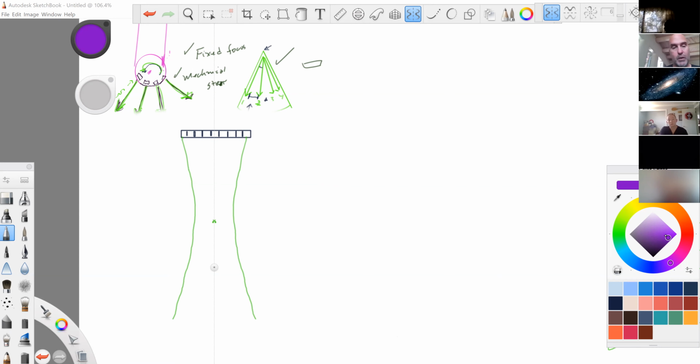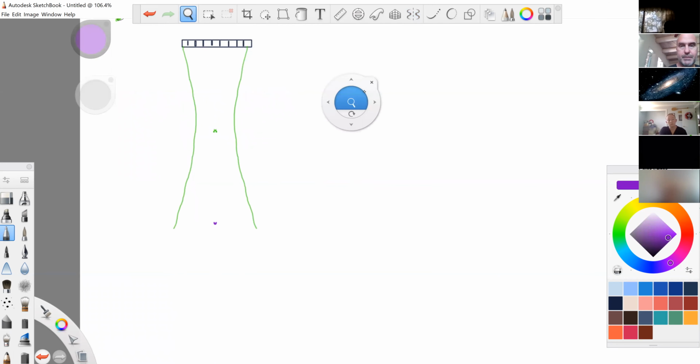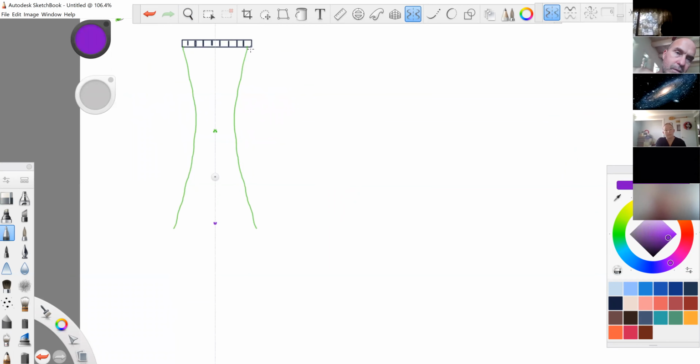We've asked for two focuses. So then we have a little, let's say a little purple focus down here. So then we have another one. So let's put a third one in. We'll have another focus right here.